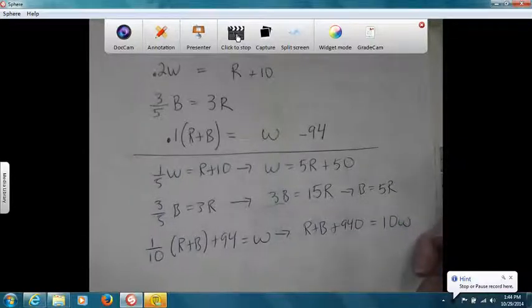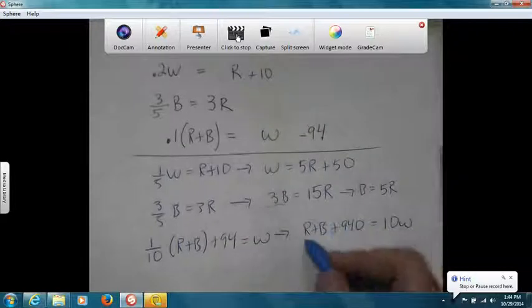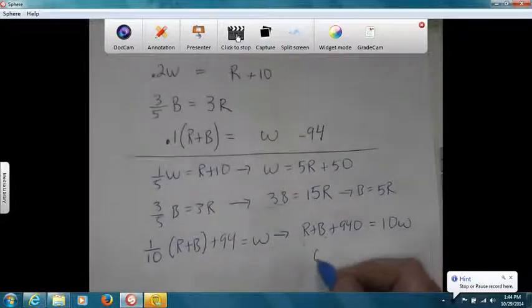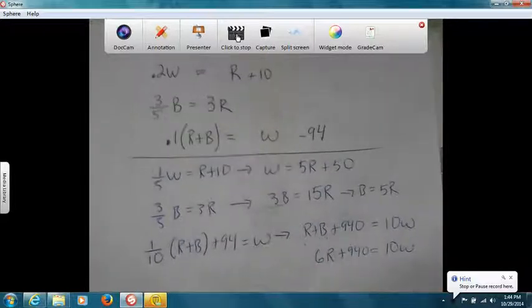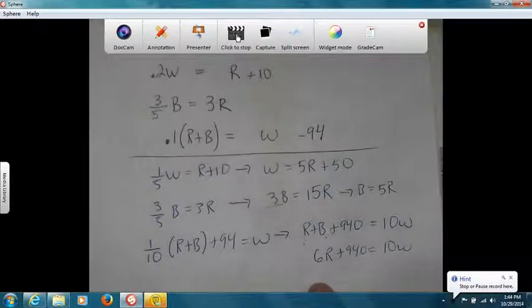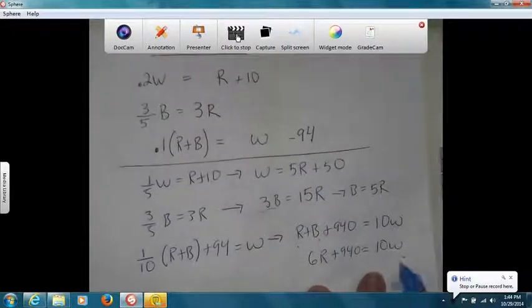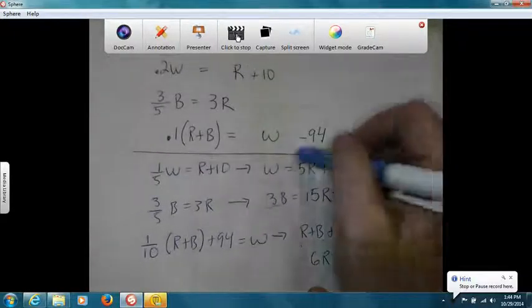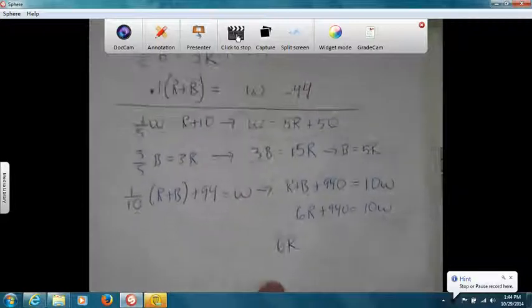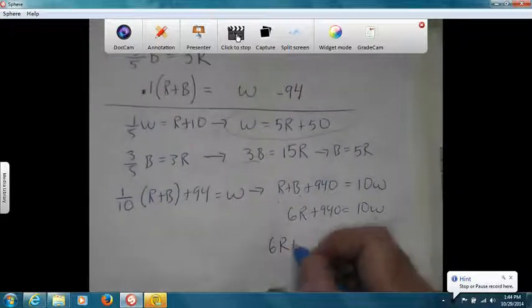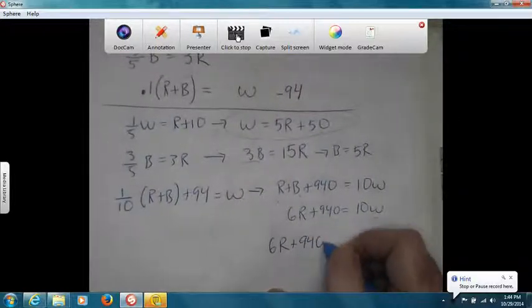Yeah, it does, because now I've got 5R. 5R plus 1R, that's 6R, plus 940 equals, oh wait, that didn't really have as much as I thought it would. For W I can plug in 5R plus 50. There might have been a smarter way to do it, but I'm just doing what I see. Kind of brute forcing my way through it.